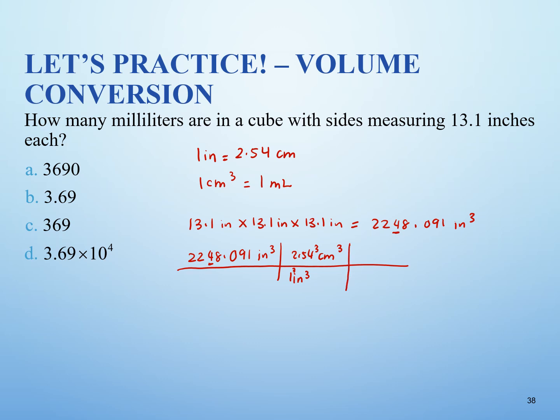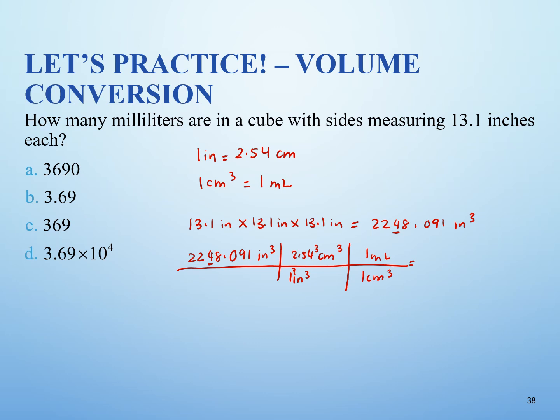And then once you do that, the next conversion is 1 centimeter cubed is to 1 milliliter. All right, and then we take this times 2.54 cubed, and I get my answer, 36839.61.